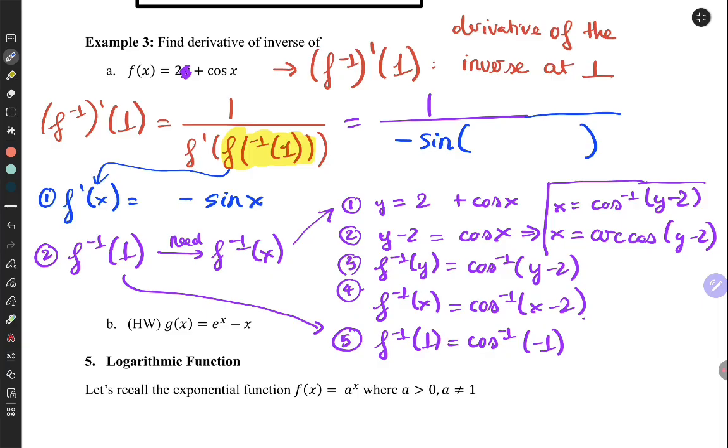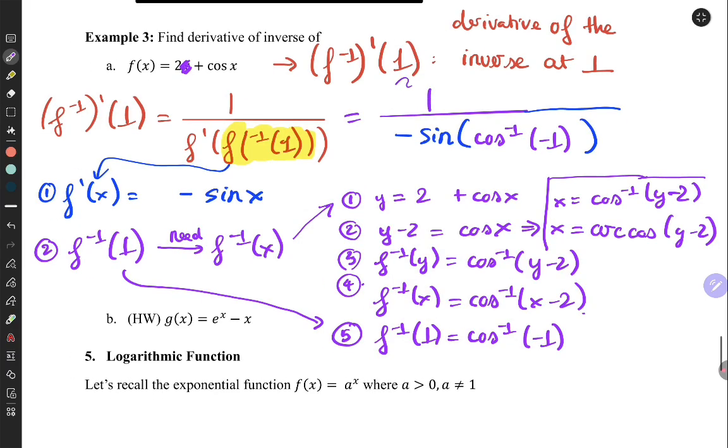Inverse at 1. Inverse at 1 is this. That purple is going to go right here, which is right there. There you go. That is the answer. You don't need to simplify.